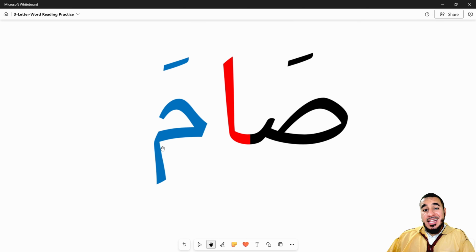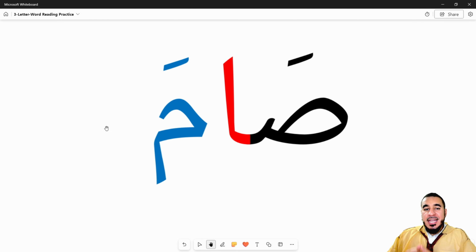And the last letter on this word is the mim, with a fatha. And why is the mim coming in this form of a solo letter? It's because the alif does not allow the next letter to physically attach to it, and there's no letter after the mim.